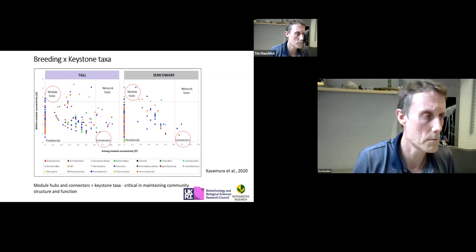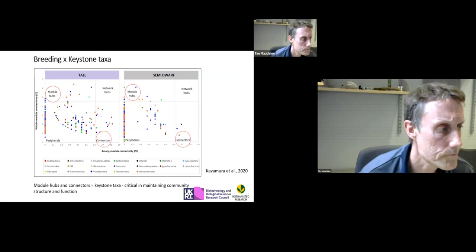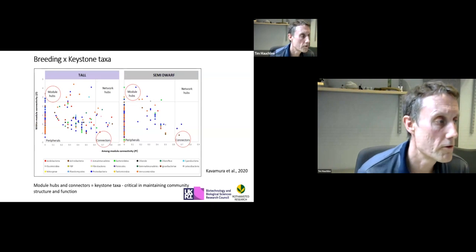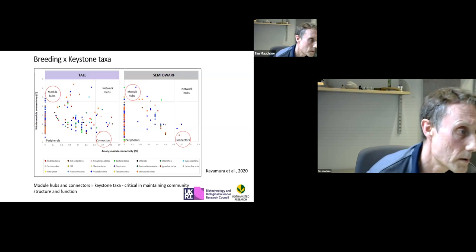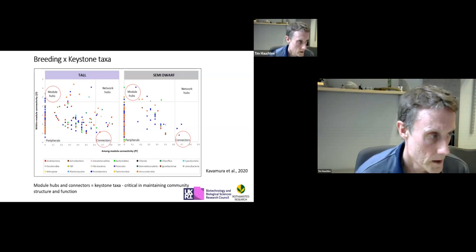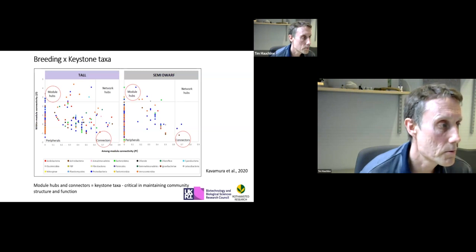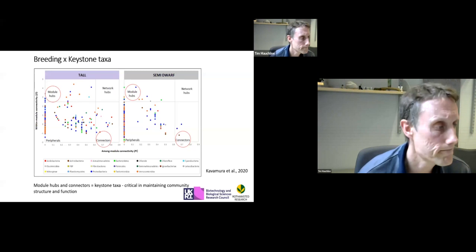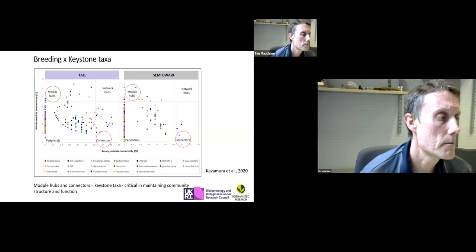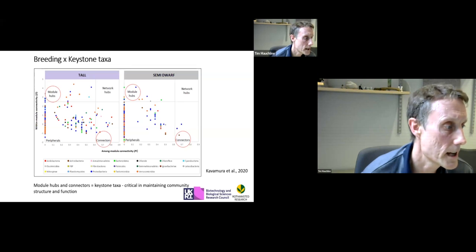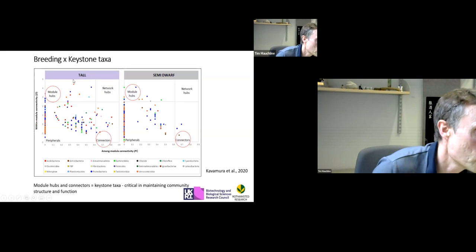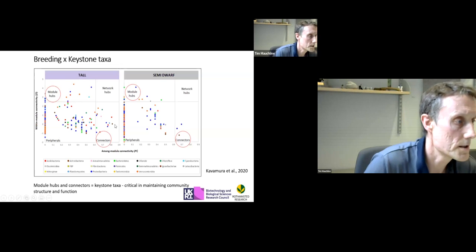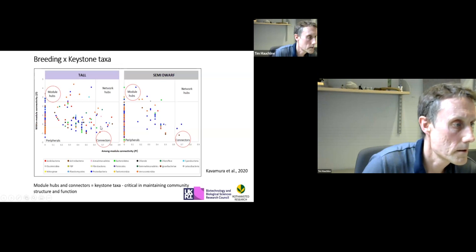So what we did as well was some network analysis looking at the talls as well as the semi-dwarfs. And what we found was that the tall cultivars were much better connected. They actually had a much greater amount of module hubs here, as well as connectors.